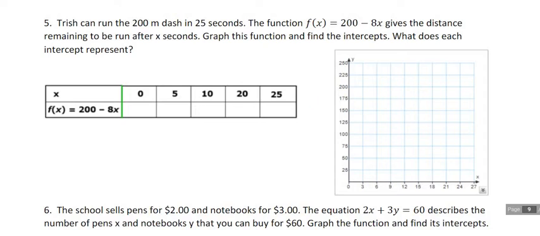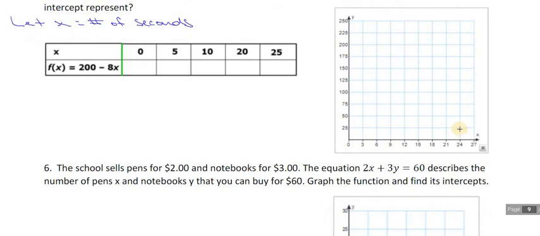Okay, so the distance remaining to be run after x seconds. So x represents the number of seconds. So let's start there. We're going to take that x value, label the number of seconds, and put it right on our coordinate plane over here.